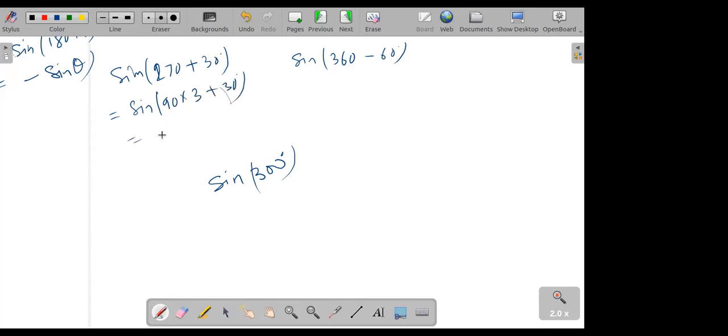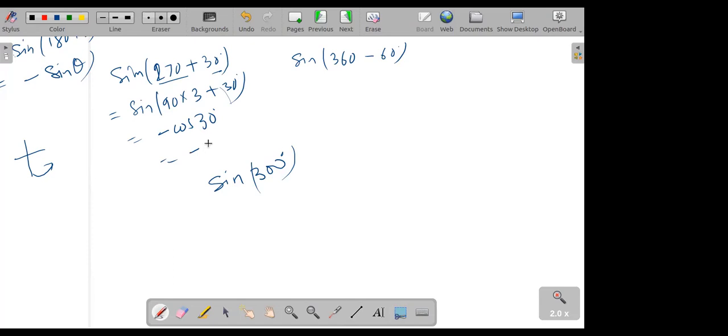And 270 plus 30 lies after the third line, that means in the fourth quadrant. In the fourth quadrant, cos remains positive, but this is sine, so it will be negative. So minus cos 30, that means minus root 3 by 2. Correct.